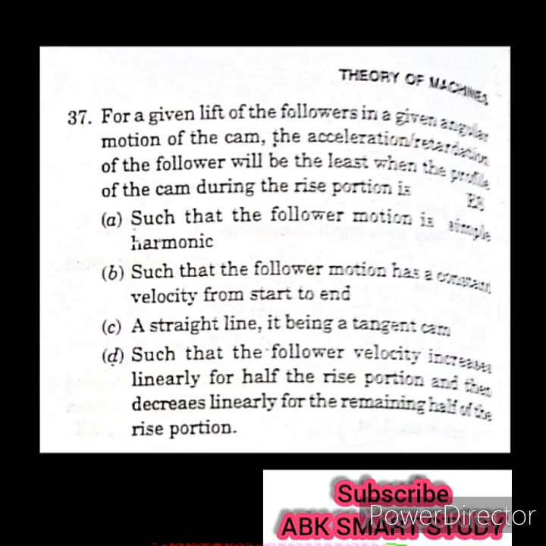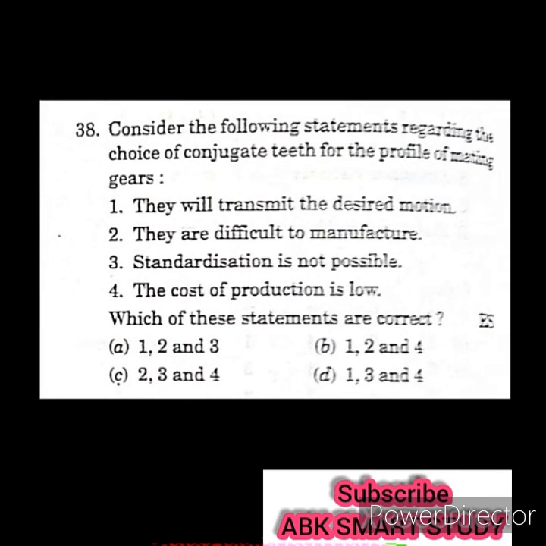Next question. Consider the following statements regarding the choice of conjugate teeth for the profile of mating gears. They will transmit the desired motion. This is wrong. They are difficult to manufacture. This is correct. Standardization is not possible. This is also correct.